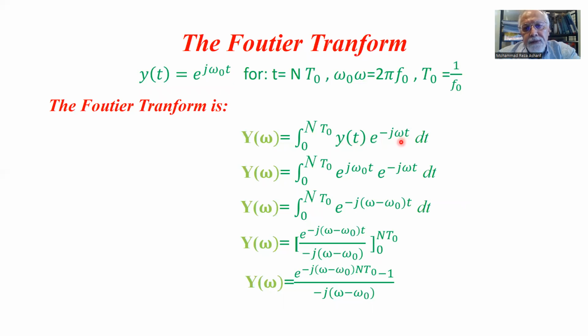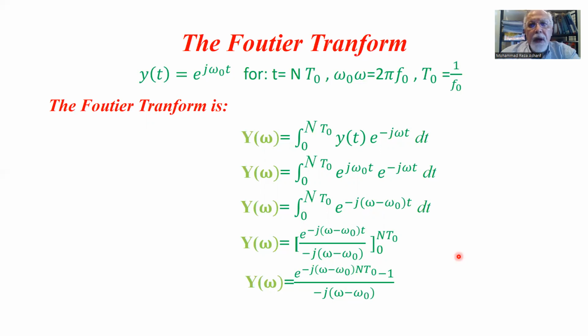And then by Fourier transform, our Fourier transform of the signal will be like this, and by calculation like this, and making the integration like this, we obtain such a signal like this.